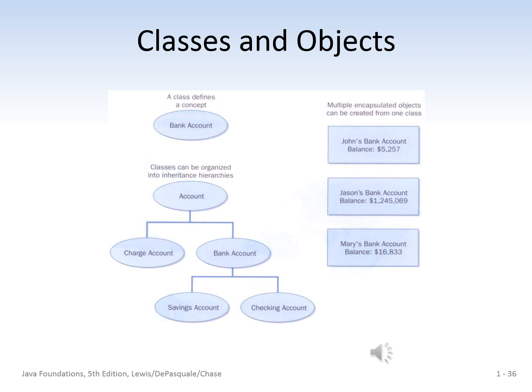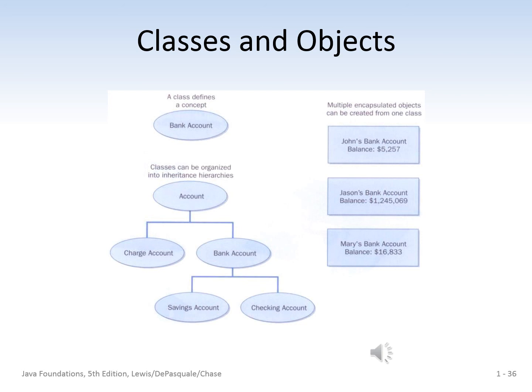And then within that bank account, we can have encapsulated objects created from the prototype or the blueprint bank account. It might be John's bank account, Jason's bank account, Mary's bank account. Those are the objects. And they have data associated with them, such as balances and name and address and all those other defining attributes.